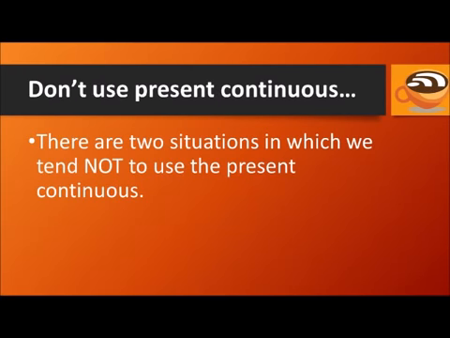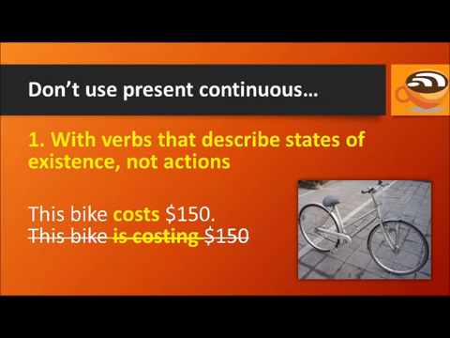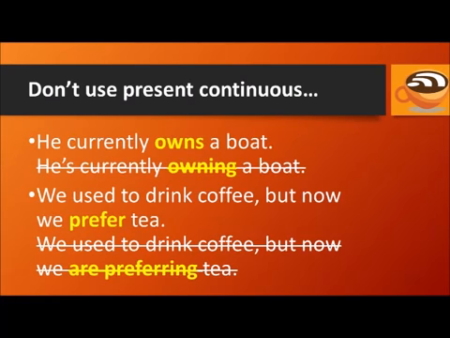There are two situations in which we tend not to use the present continuous. One is with verbs that describe states of existence, not actions. For example, this bike costs $150. Don't say, this bike is costing $150. He currently owns a boat.